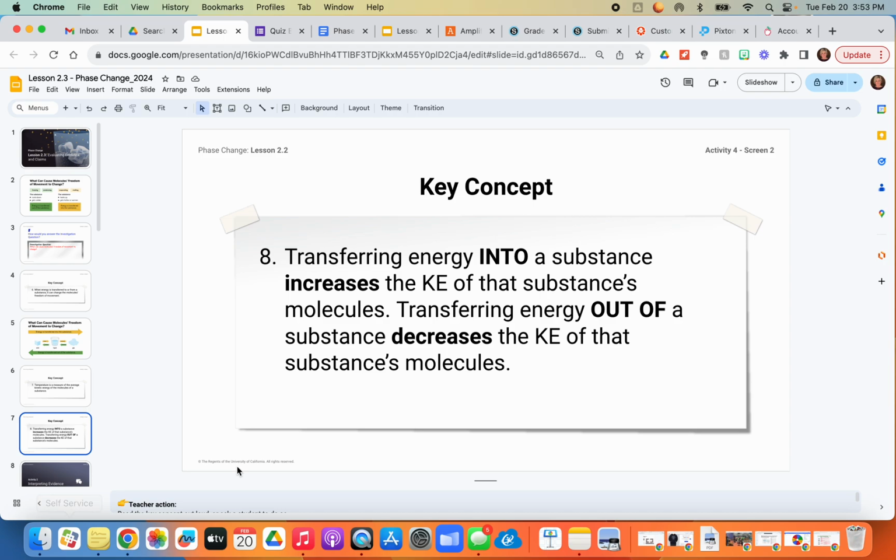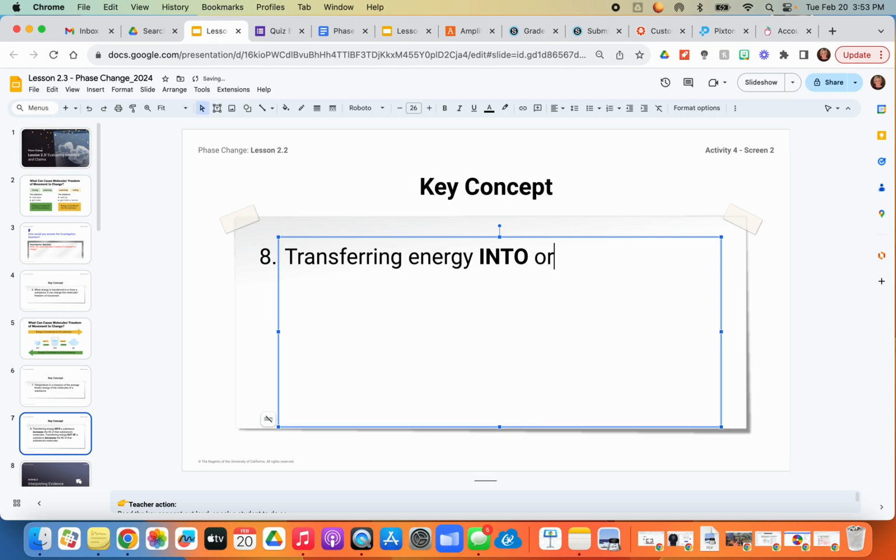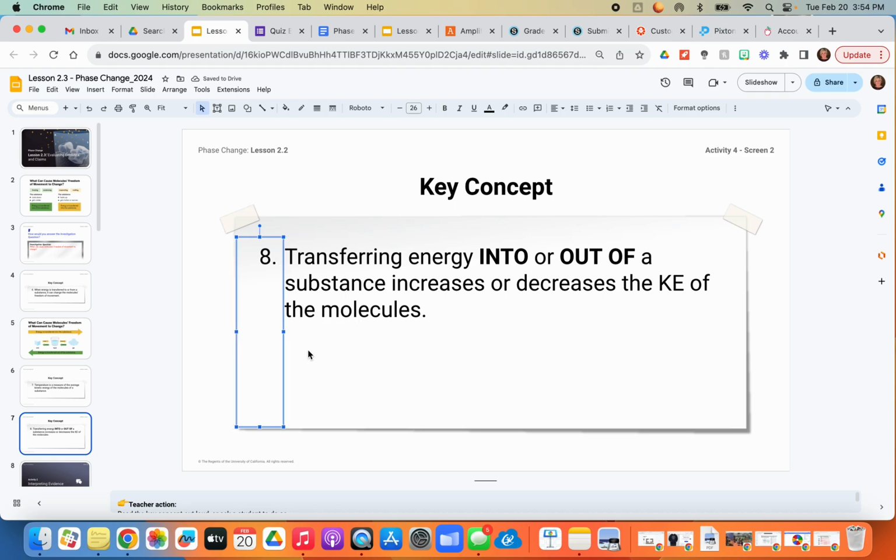Okay, transferring energy into or out of a substance increases or decreases the kinetic energy of the molecules. A lot shorter, a lot more succinct and to the point.